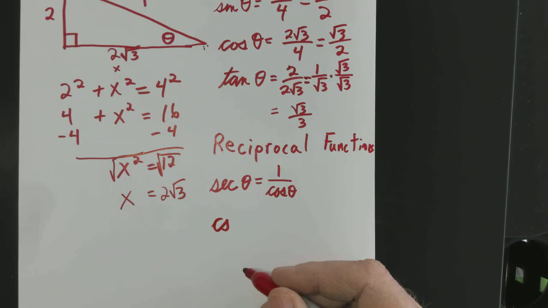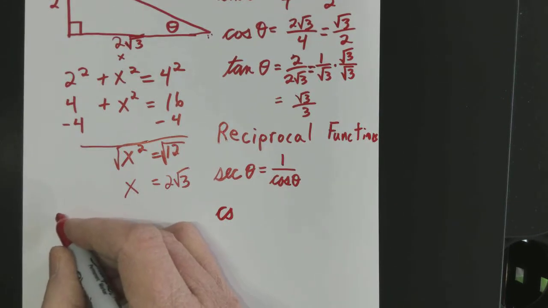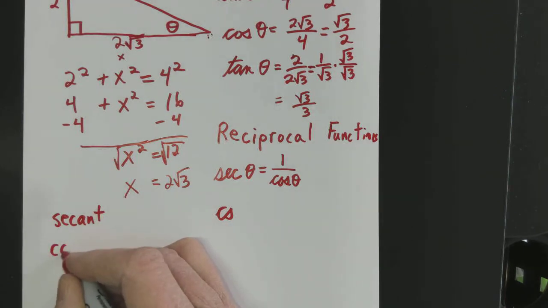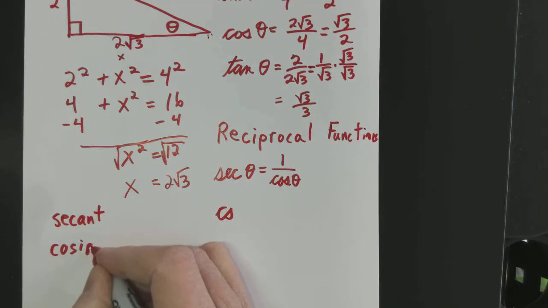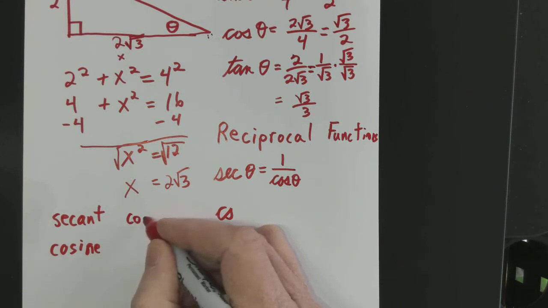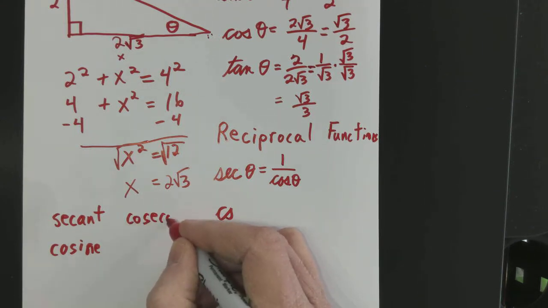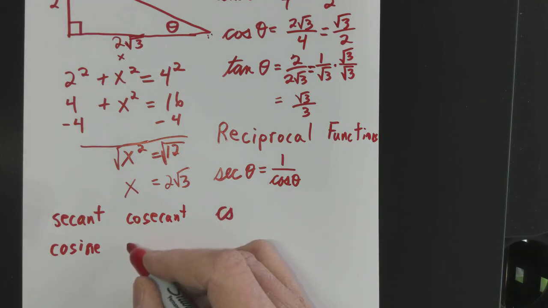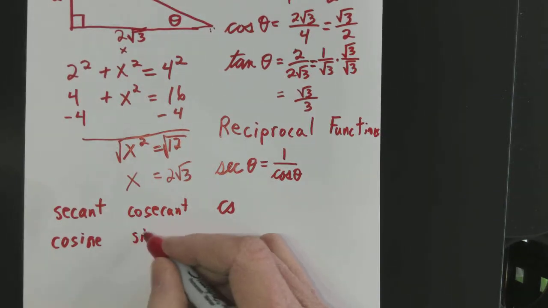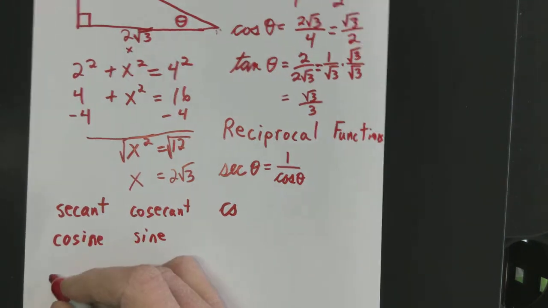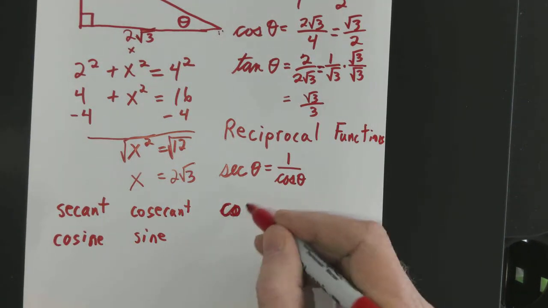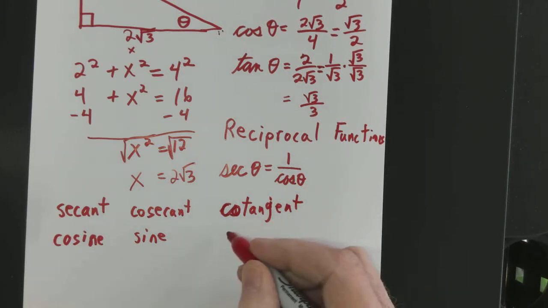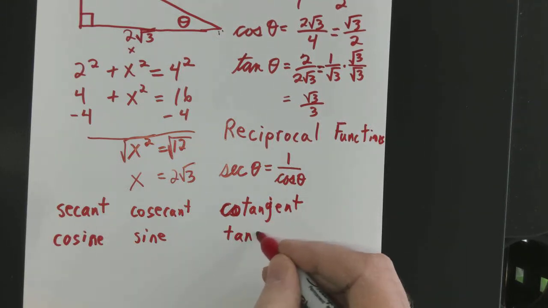Okay. Let me write them out in words here. I have secant. It is the reciprocal of cosine. I have cosecant. It is the reciprocal of sine. And I have cotangent. It is the reciprocal of tangent.